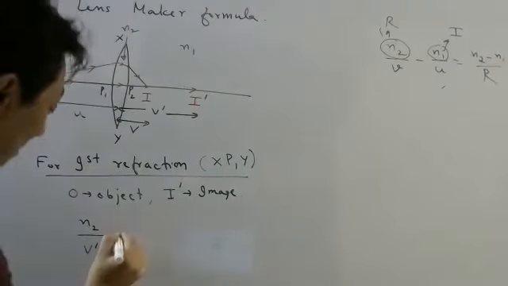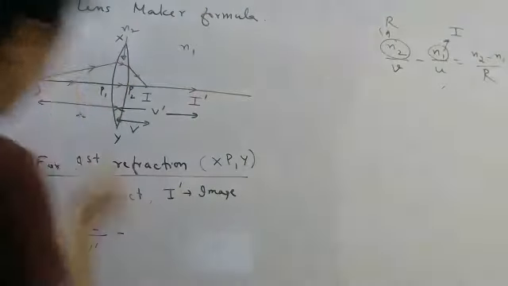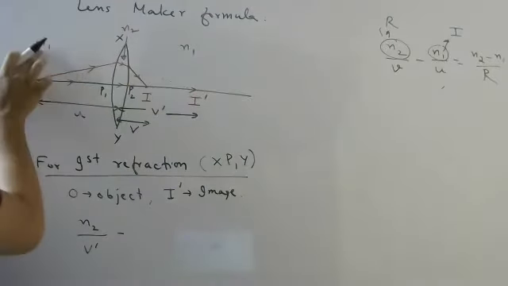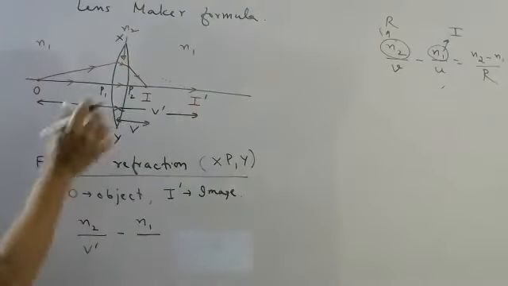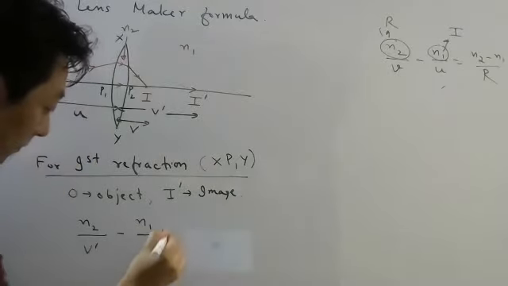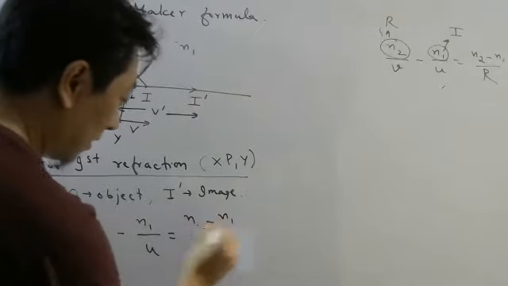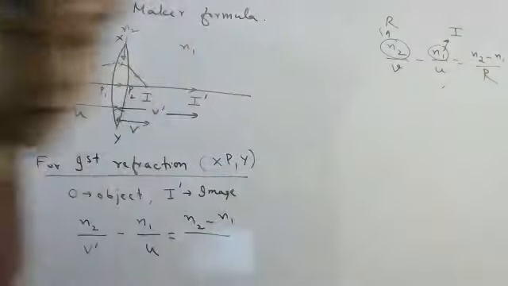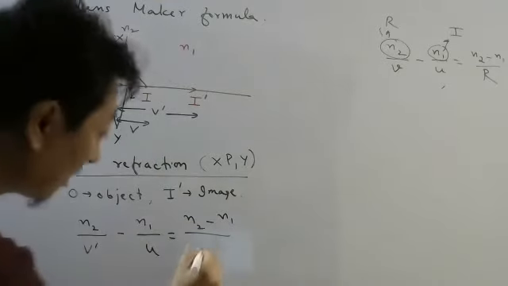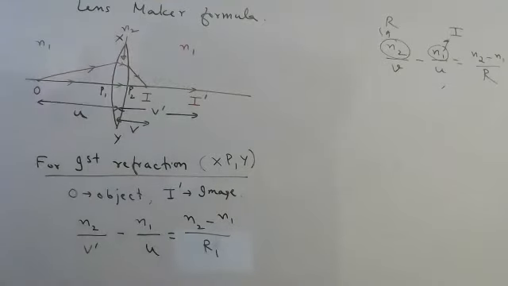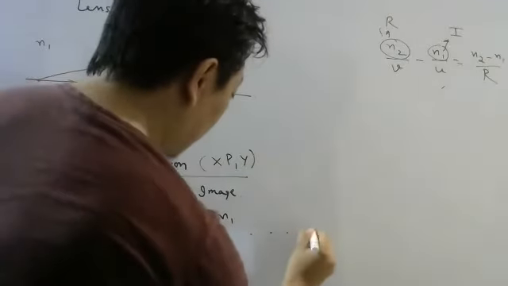Correct or not? Minus N1, is the incident ray. Incident ray is here. Divided by U, is the object distance. O is the object. So object distance will be U, equals N2 minus N1 divided by radius of the surface. Since this is the first surface, let me write the radius R1. So this is my equation number 1.